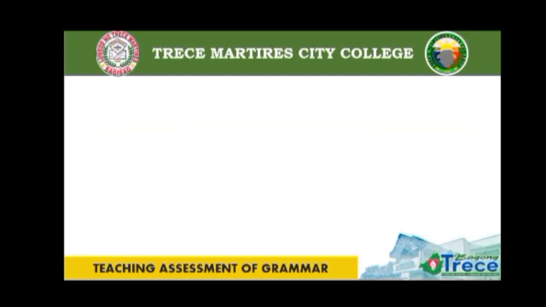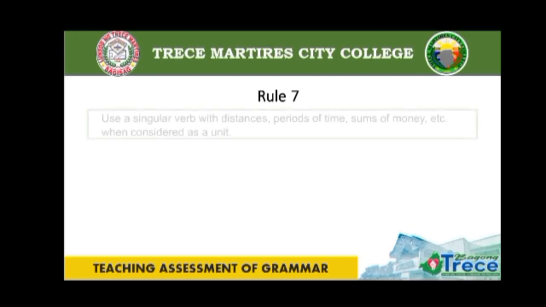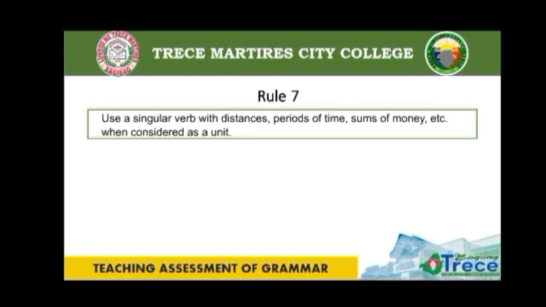Next rule, which is rule number 7: use a singular verb with distance, period of time, or sum of money when considered as a unit. So according to the example: three miles is too far to walk.